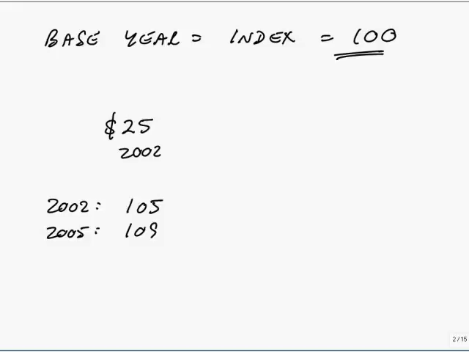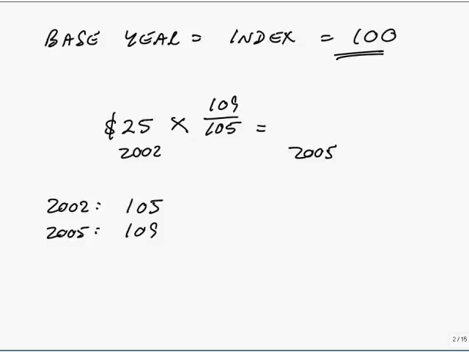I hope you all appreciate what the index numbers mean is simply that if it had cost 105 in 2002, for every 105 it would now be 109. So what would $25 have grown to? In 2005, it would be $109 for every $105 it was in 2002.